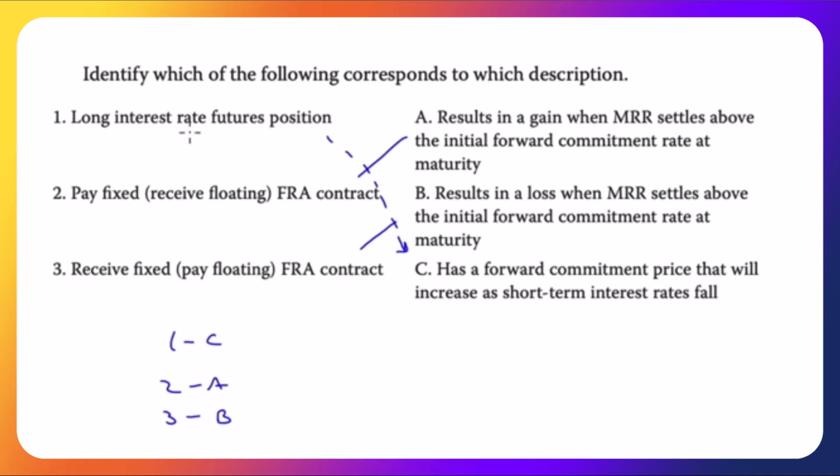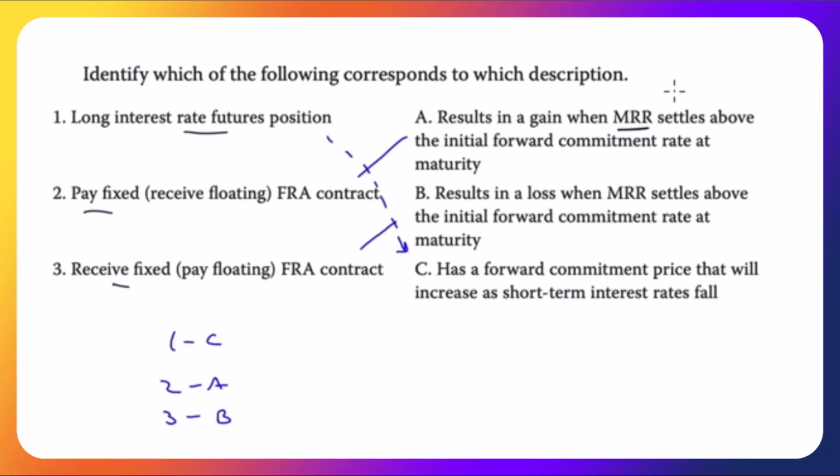Identify which of the following corresponds to which description. Long interest rate futures, we have a pay fixed, receive floating FRA, and a receive fixed, pay floating FRA. Let's read A. Results in a gain when MRR settles above the initial forward commitment rate at maturity. Well, for this to settle above and for it to be a gain, we must be receiving that floating rate.